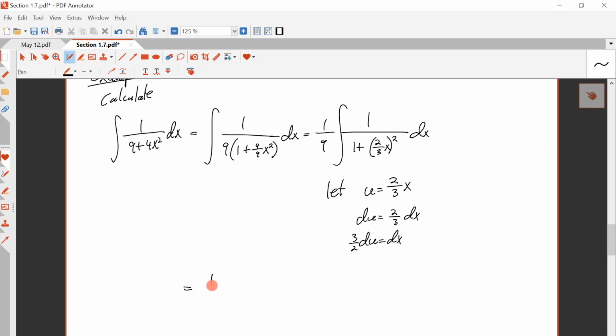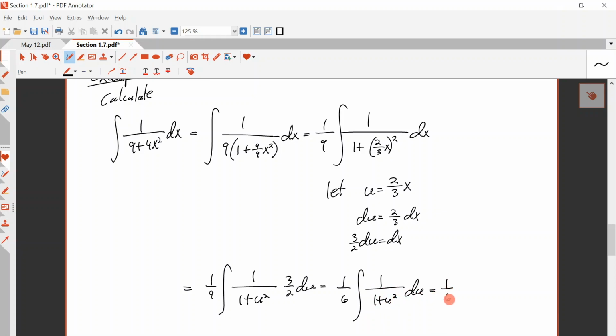So this is equal to 1/9, 1 over 1 plus u squared. So now that looks like the derivative of arctangent. 3/2 du. Take that 3/2, bring it out front, and I get 1/6, 1 over 1 plus u squared du. This is exactly the derivative of arctangent of u.